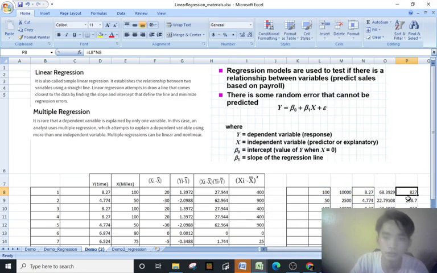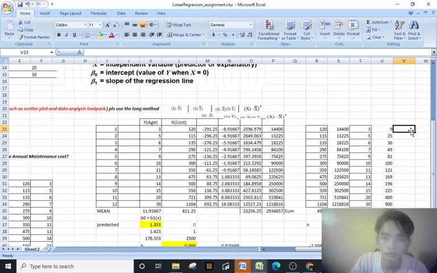So we all need to multiply the two, x and y. So 300.